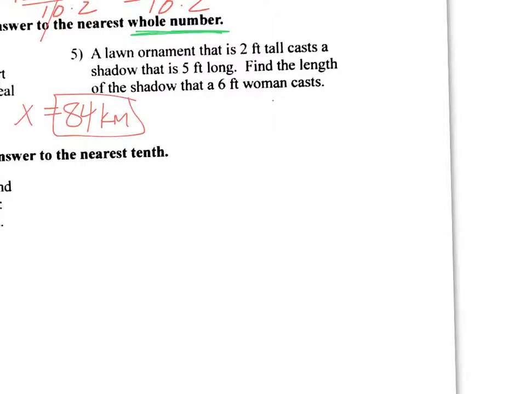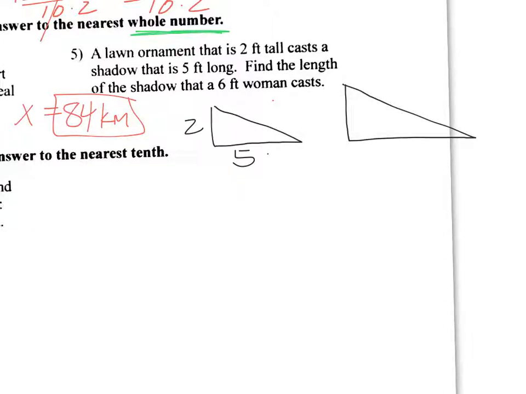Okay, a lawn ornament that is 2 feet tall casts a shadow. So here's a shadow problem again. Here we're going to use triangles. A lawn ornament 2 feet tall casts a shadow 5 feet. Find the length of the shadow of a 6-foot woman. So we've got a taller woman, which means her shadow is going to be longer. So 6-foot tall woman, how long's her shadow?